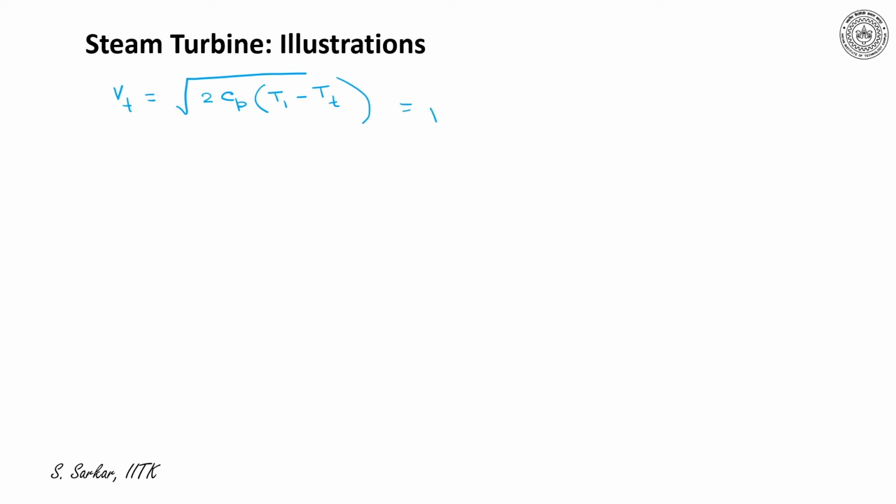This is equal to root over twice into Cp, that is 1113, value of T1 is 698, and TT has been calculated as 599.15.